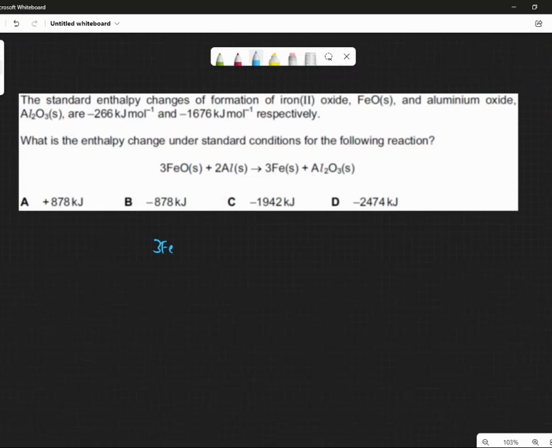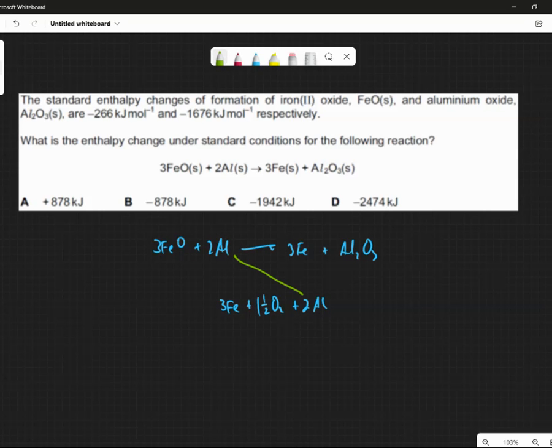Fe2O3 plus 2Al gives 2Fe plus Al2O3. I'm going to start down here: 2 iron atoms plus 1.5 oxygens plus 2 aluminiums. Going up here, aluminium to aluminium is nothing, so I can ignore that one.